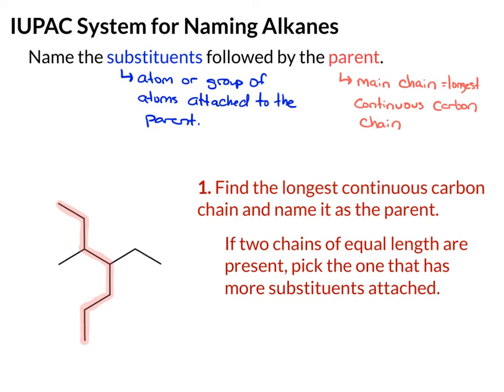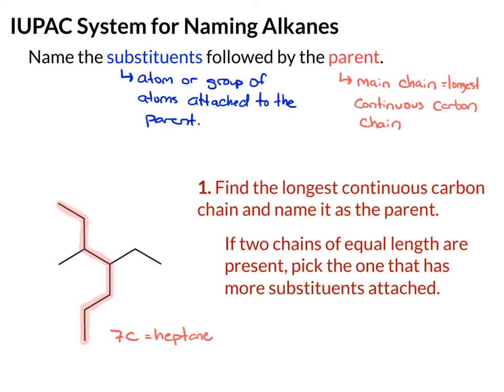You know the names of the straight chain alkanes at this point, and this one has 1, 2, 3, 4, 5, 6, 7 carbons, so you should know that that is heptane. That's your parent.